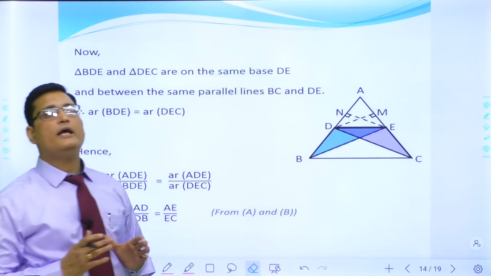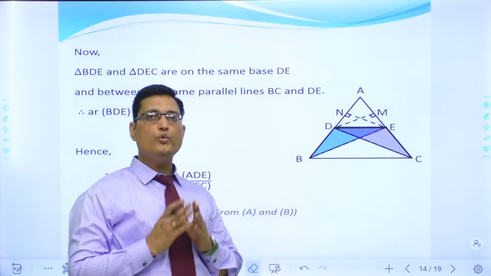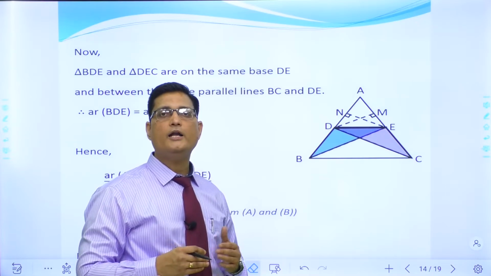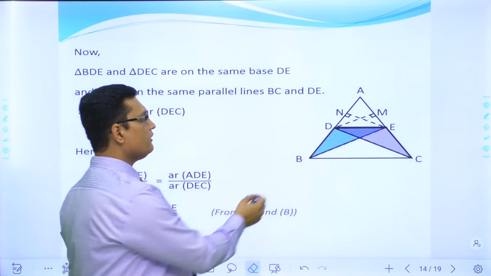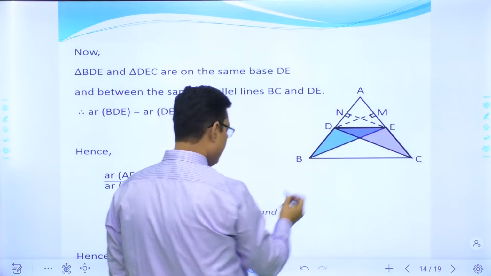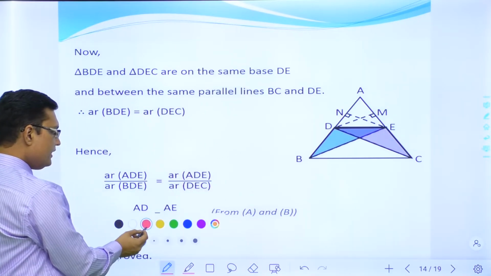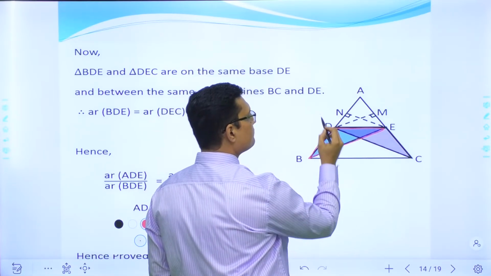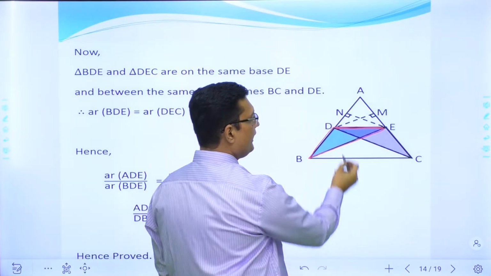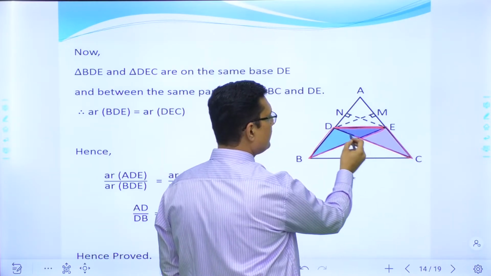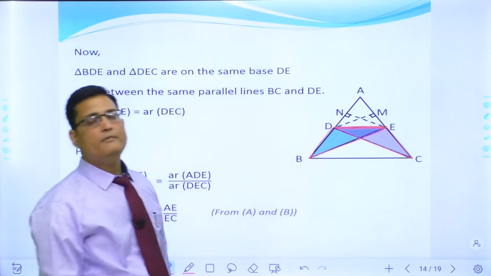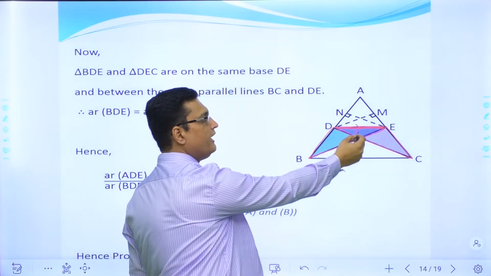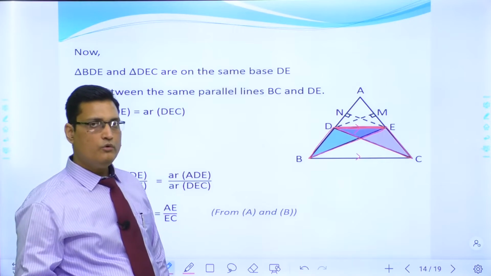Here, students, as you have studied in class 9, two triangles standing on the same base and lying between the same parallels are equal in area. Here you can see that triangle BDE is standing on side DE, as well as triangle DEC is also standing on DE, and they lie between the same parallels because it is given in the question that DE is parallel to BC.